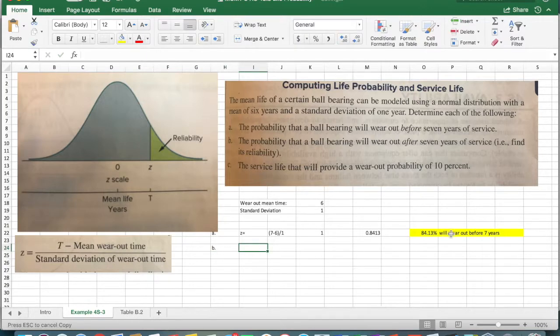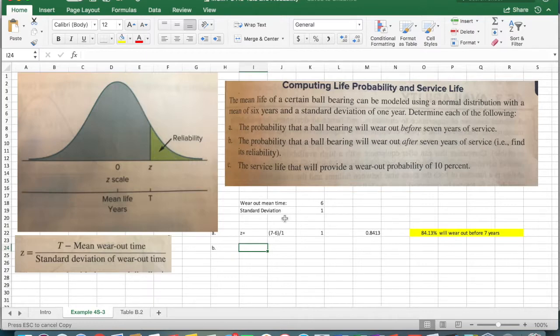For B, the question is the probability that a ball bearing will wear out after 7 years of service. So we're basically trying to find the area of this green section here. The area of the blue is 0.8413. So what is the area of the green? Well, 100% of these ball bearings will wear out, so we know the area under this complete curve is 1.